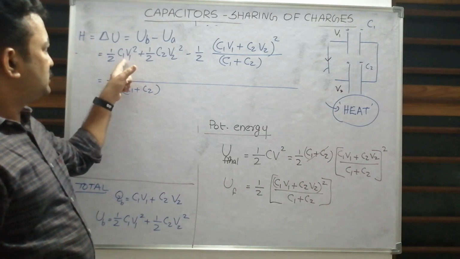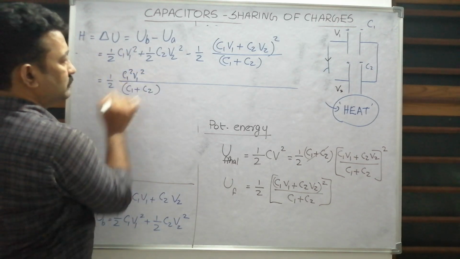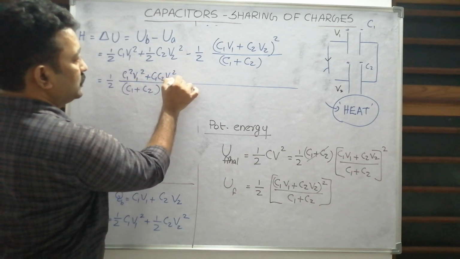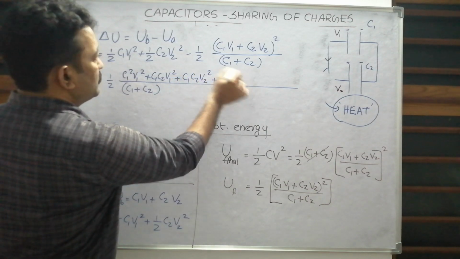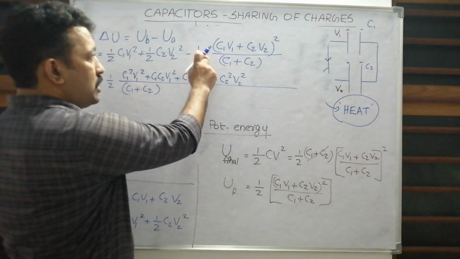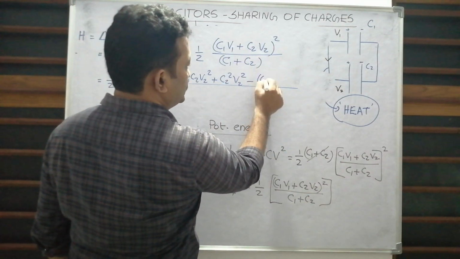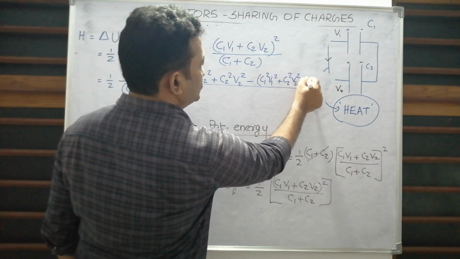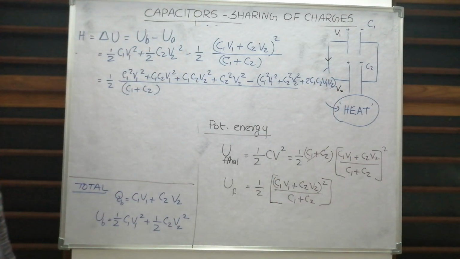C1 multiplied gives C1 square V1 square, plus C1 C2 V1 square. C2 multiplied gives C1 C2 V2 square plus C2 square V2 square. Now minus the expansion of a plus b whole square, that is C1 square V1 square plus C2 square V2 square plus 2 C1 C2 V1 V2.